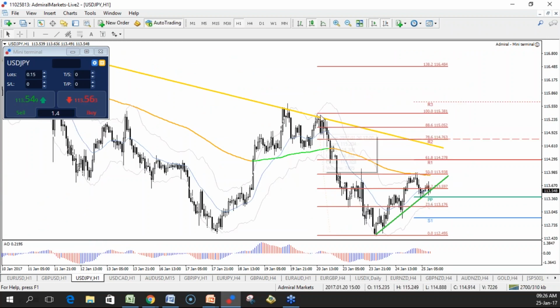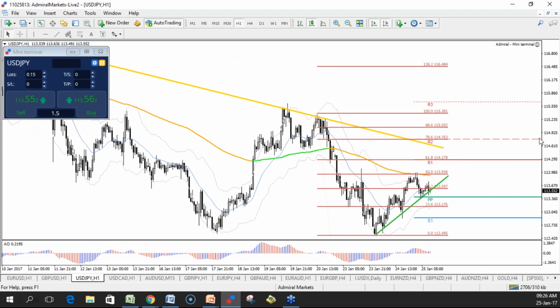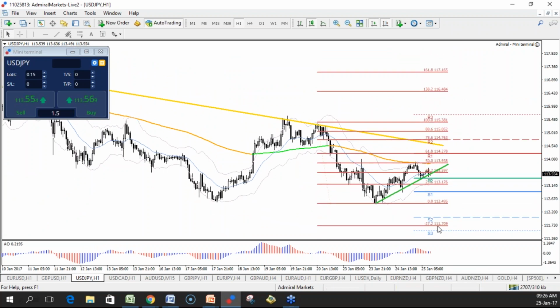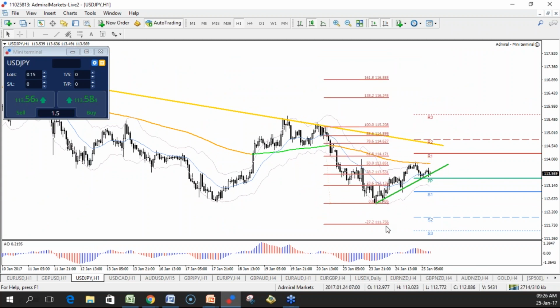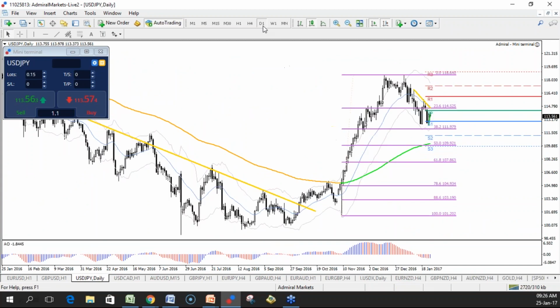Why 112? First of all, if we keep this fib on, the target is not exactly there, but if we use this fib, 111.75. All right, that's close to 112, but 112 specifically because 111.98 is a 38.2 fib of this swing high, swing low.